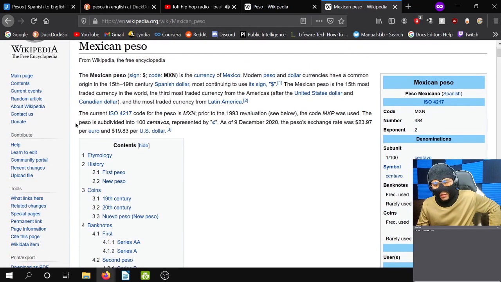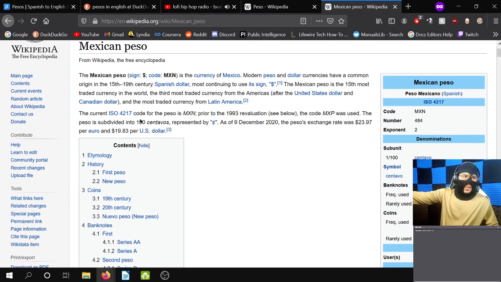Okay. The current ISO 4217 code for the peso is MXN. So this is referring to the actual code that they have to document, look at the books, and do the exchange process and so forth. Prior to the 1993 revaluation, see below, the code MXP was used.